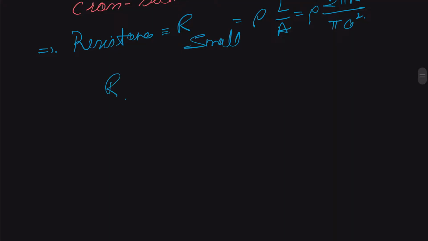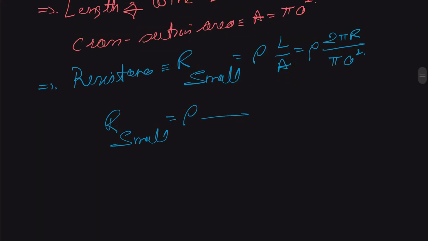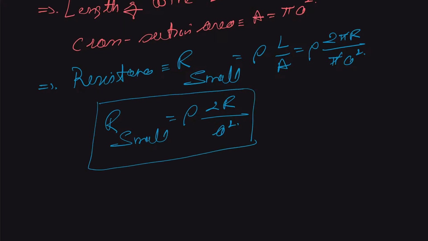So we get our R small will be equal to rho, and here pi and pi cancel out, so this comes as twice rho r over a square. So this is the resistance of our small ring. Okay. And it is given that the large ring is scaled up twice in all regards.